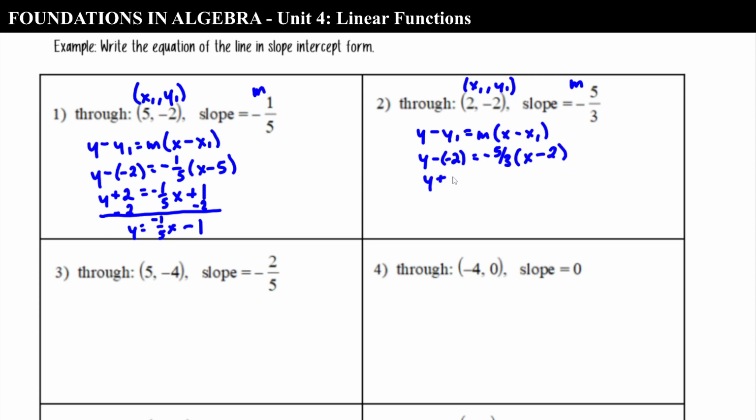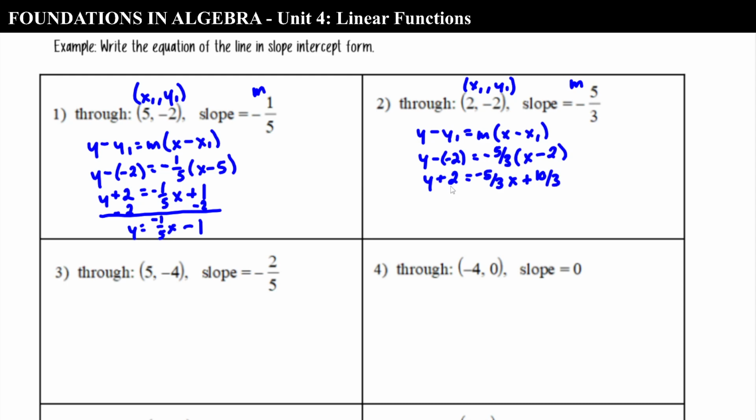So this, as we said, is y plus 2. If we distribute, we get negative 5/3 x plus, because we have minus times a minus, 2 times 5 is 10, so we have 10/3.